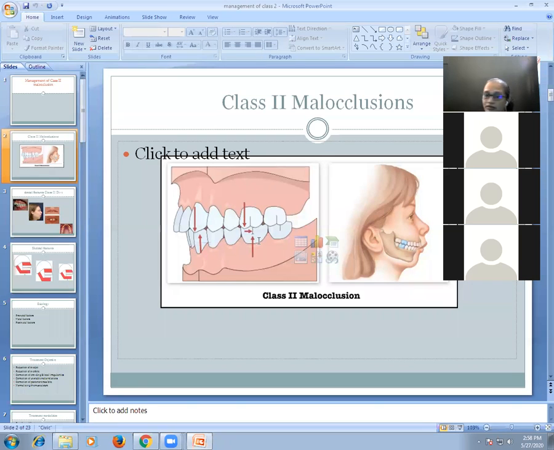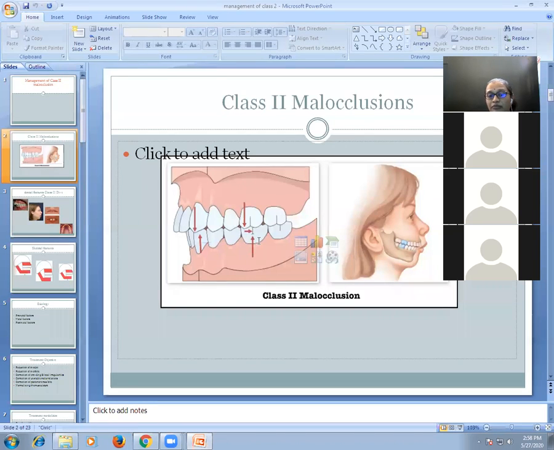So when the patient is having class 2 malocclusion, the clinical findings when you check dentally will be: there will be class 2 molar relation, the upper first molar's distobuccal cusp occluding in the mesobuccal groove of the lower first molar.